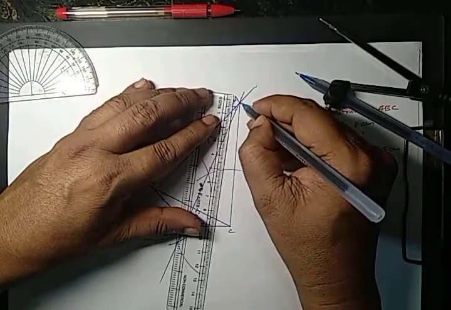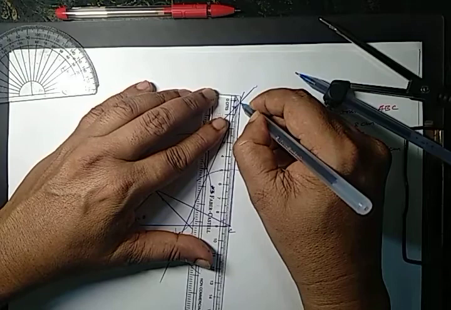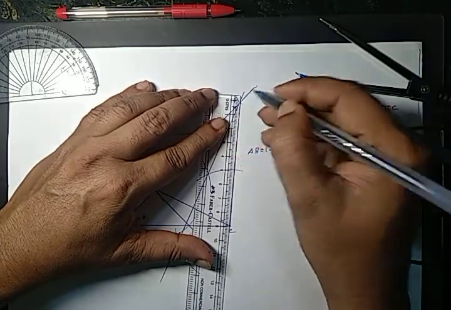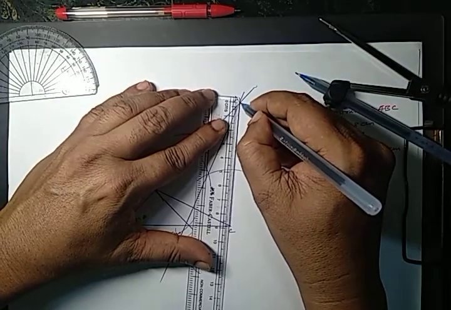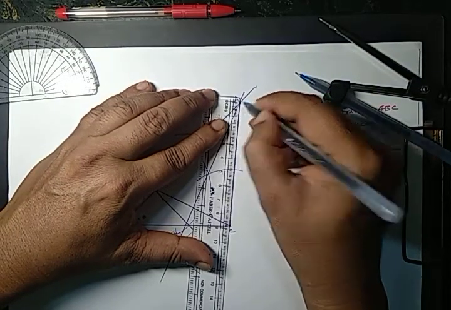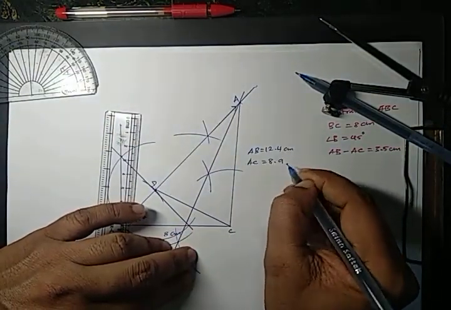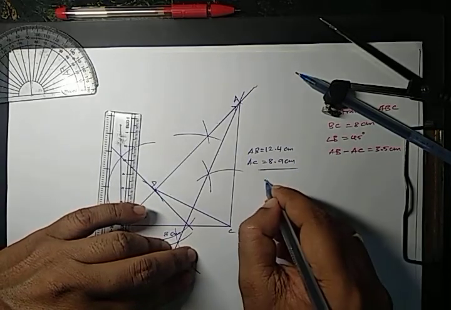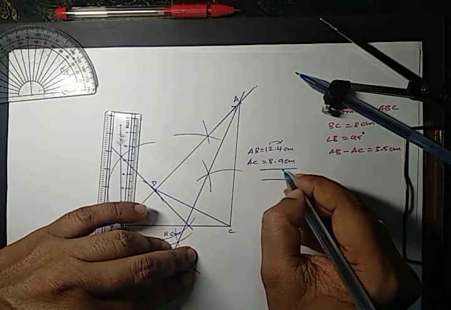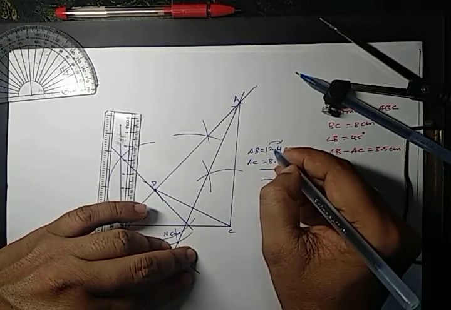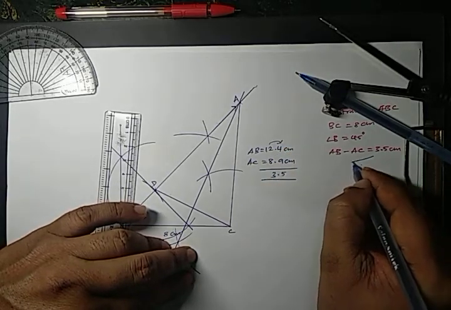What about this one? AC is 8.9 centimeter. If you subtract, taking 1 from here, that is 14 minus 9, 5. Then 11 minus 8, 3. So the answer is correct.